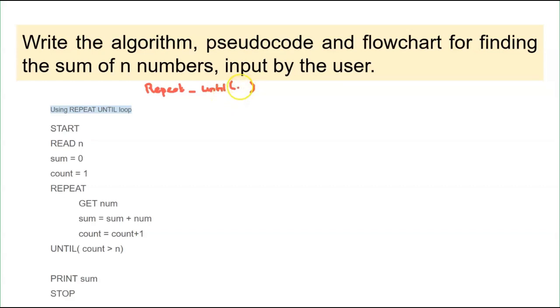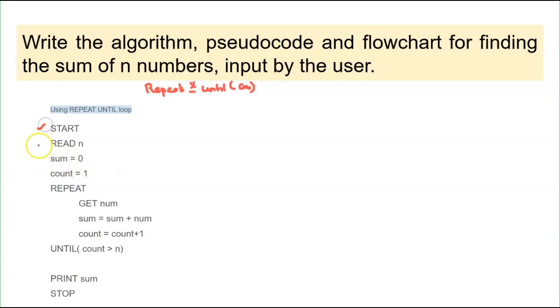So until the condition becomes true, the loop will be executed. So whatever is written here, X will be executed until this condition becomes true. So let us see how we can write it.